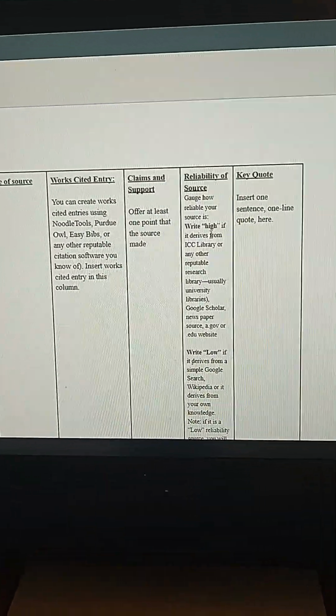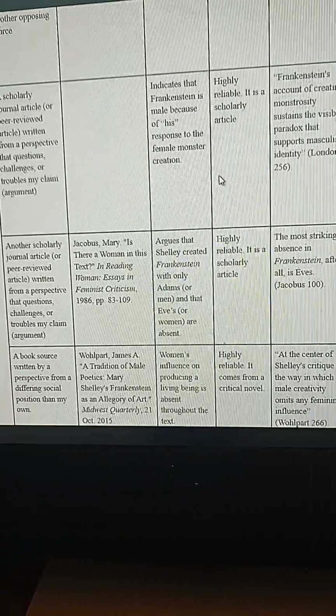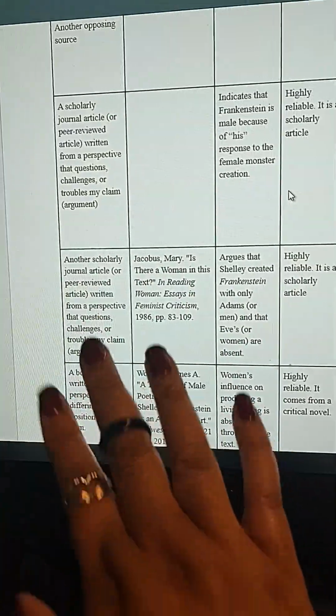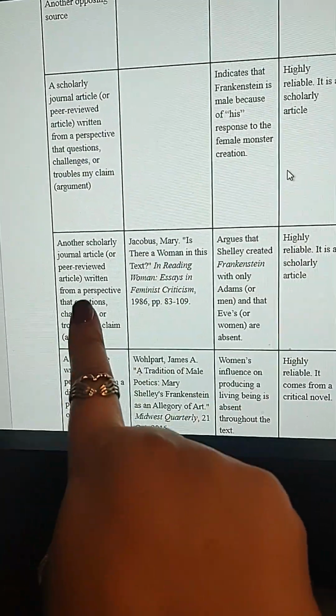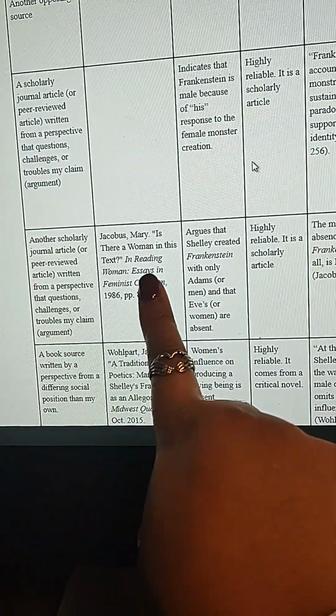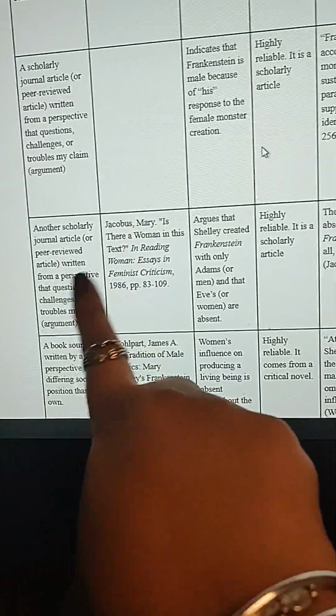Now I'm going to keep scrolling down and show you how it looks when you fill it in. Here, I wrote an opposing source, okay? If we keep scrolling down, this is how it looks when it's filled out. This one is a scholarly journal. Anyway, this one, another scholarly journal. This is the works cited entry for this source, okay?